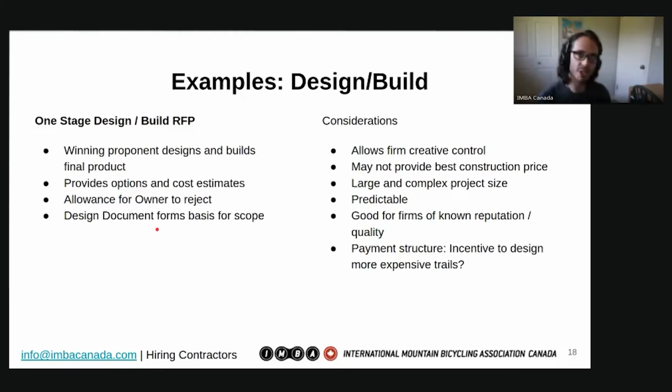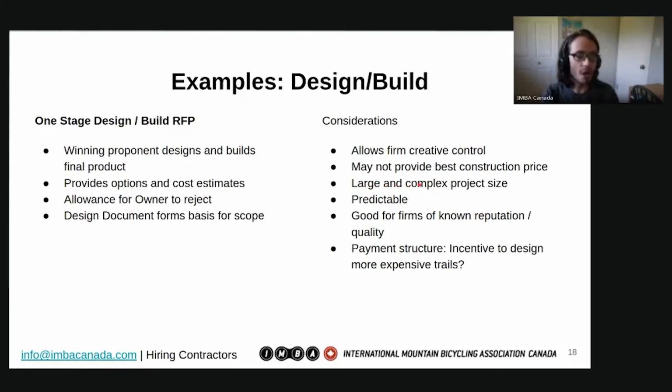When they're designing the trail or the other features, they can write it down in such a way that the person who's building it ensures that they make it into the final product. And so we're allowing maximum creativity and impact in terms of quality. So it allows a firm creative control. It may not provide the best construction price, but it might be the easiest way to do it.